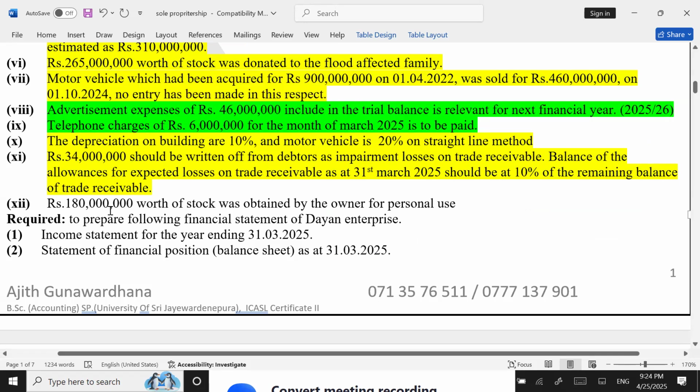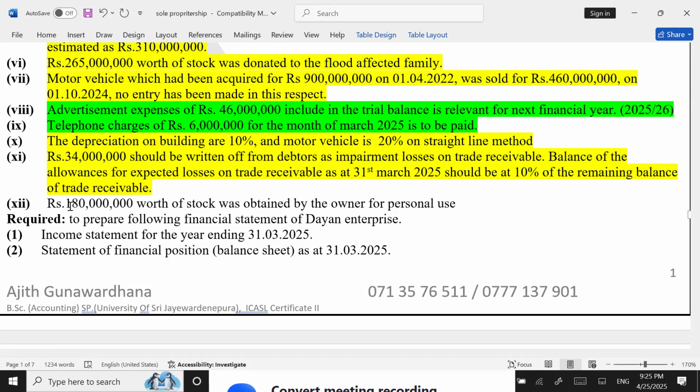Last adjustment: 180,000 worth of stock was taken by the owner for personal use. It is called drawings, 180,000. The given adjustment should be deducted under the cost of sales calculation as well as under equity. Sometimes it is also given in the trial balance.